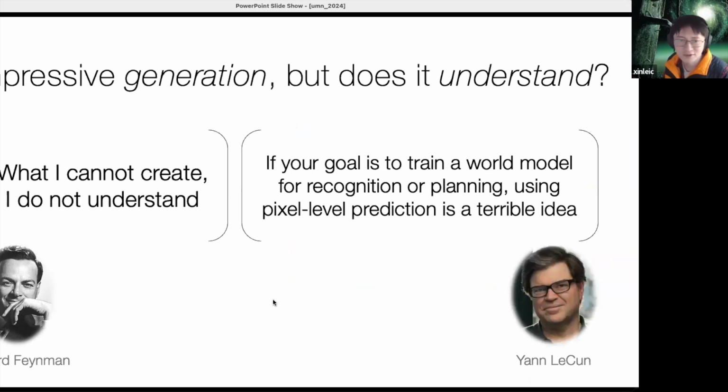And there are different opinions, of course. For example, Yann thinks that if we want to do world modeling for some understanding tasks like recognition or planning, then maybe using pixel level prediction, which is generation of images, is a terrible idea.